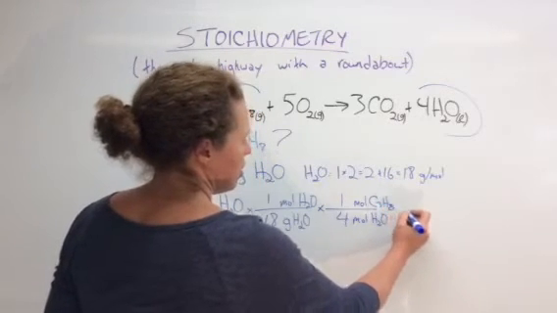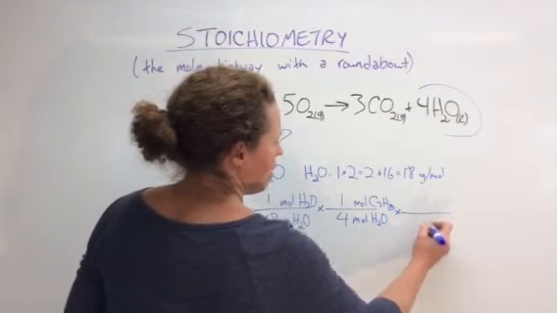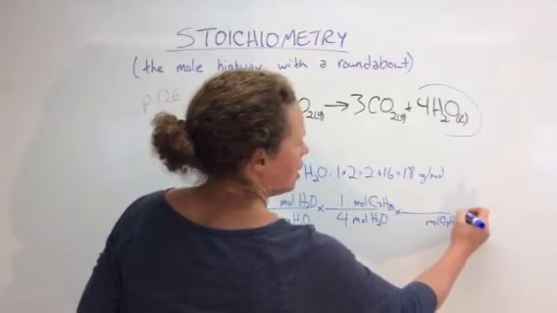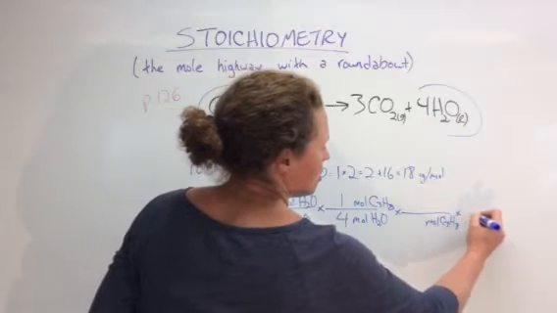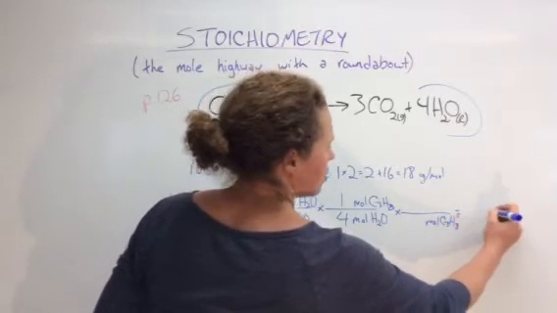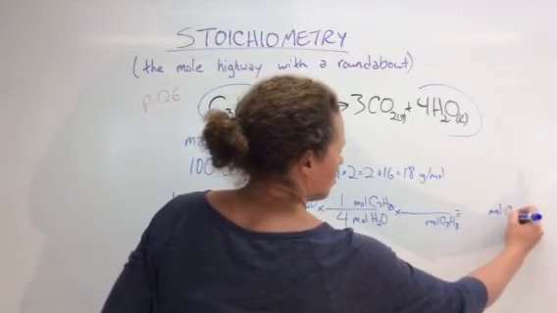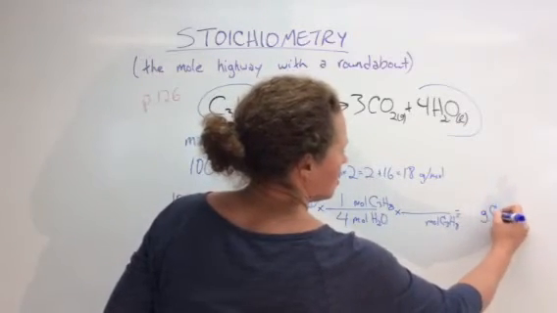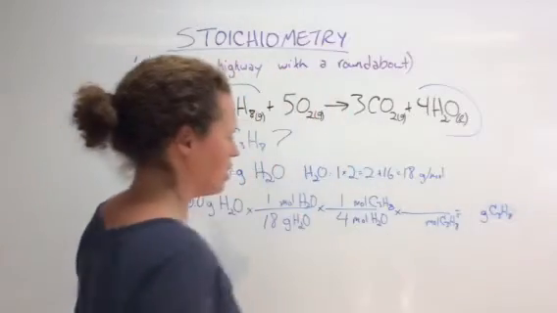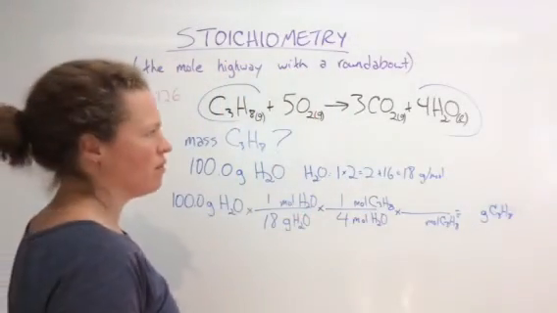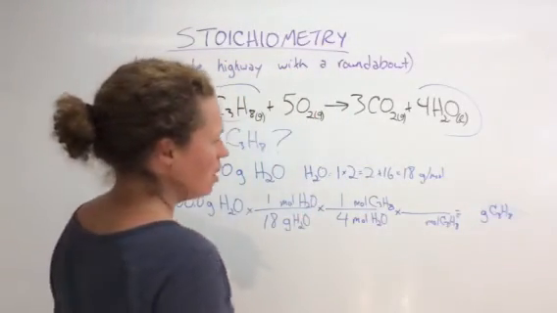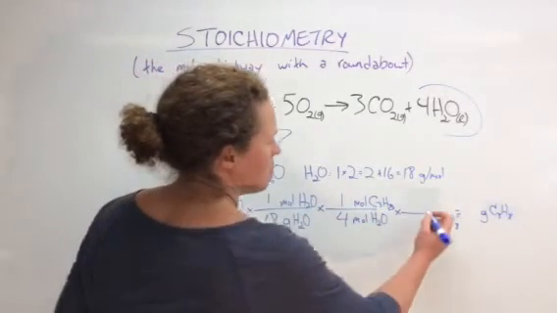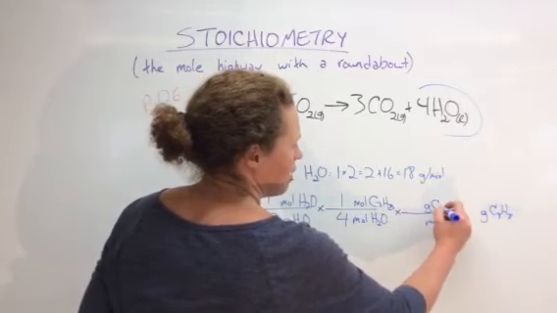Okay, now I want to get rid of the moles of propane and end up with grams of propane. Things are getting long. It's a little hard to fit on here. Hopefully you can see all of that. So back to here, I have to get from moles to grams. So that means I have to put grams of propane.